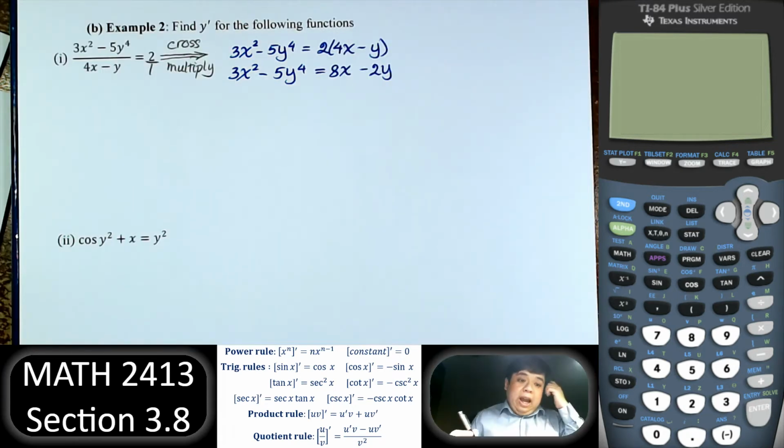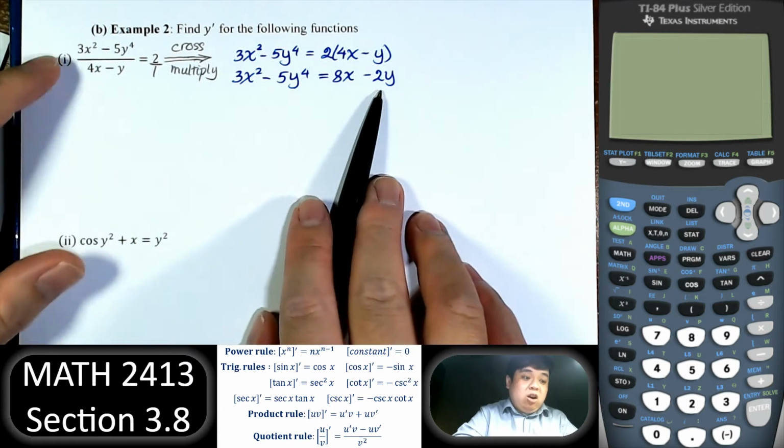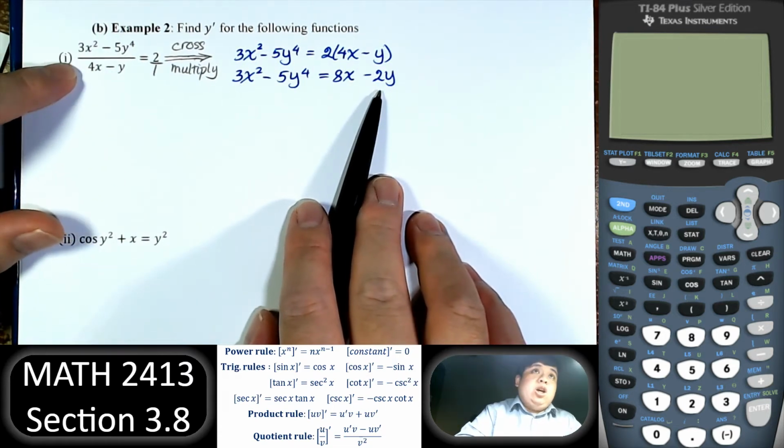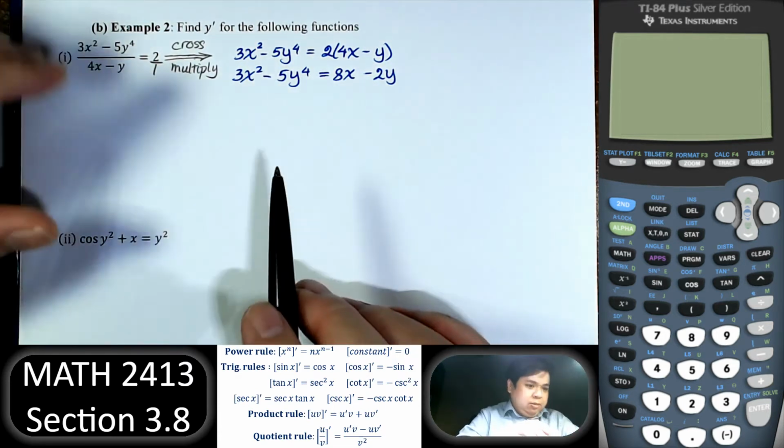Right. Because if we have to differentiate, that one is a lot easier than that one, which involves the quotient rule. Right.